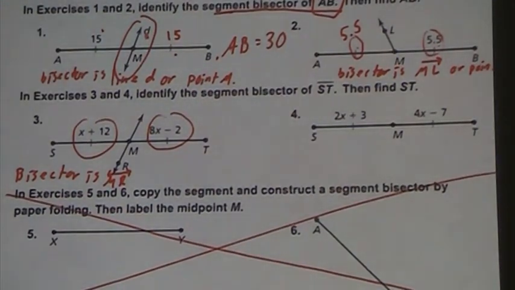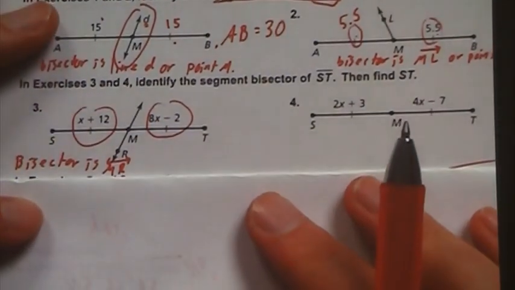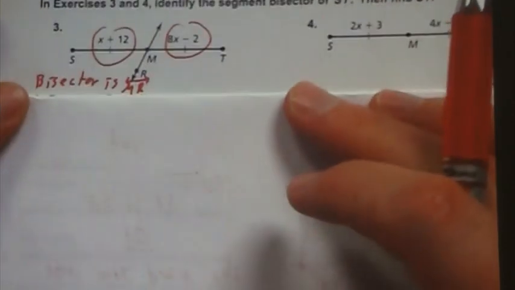So we're going to have to solve those. How are they related? Well, they're congruent. What does congruent mean? Equal. So we can go x plus 12 equals 8x minus 2.